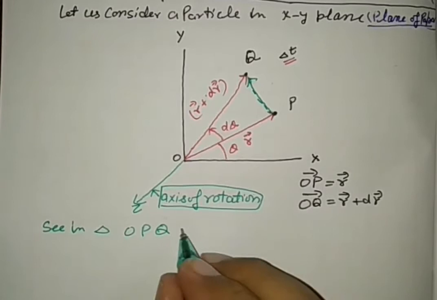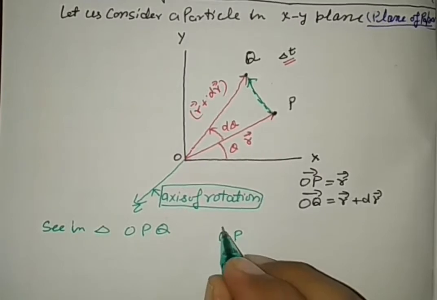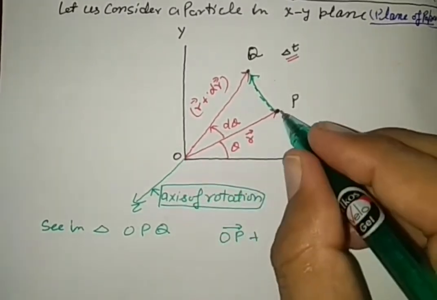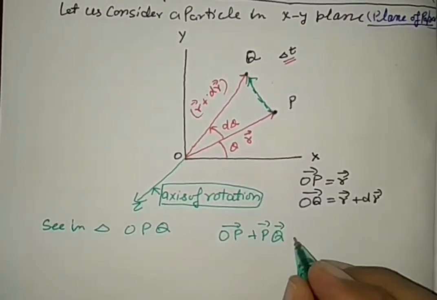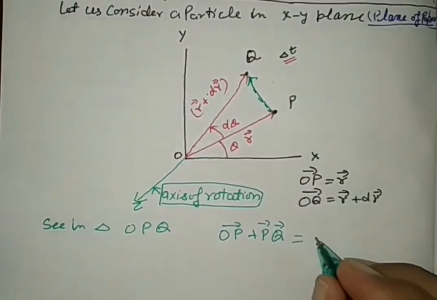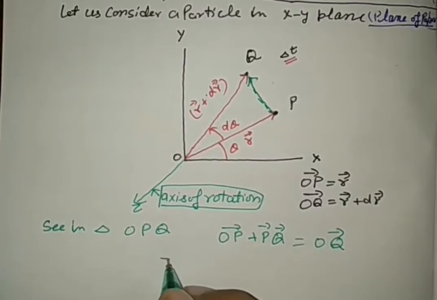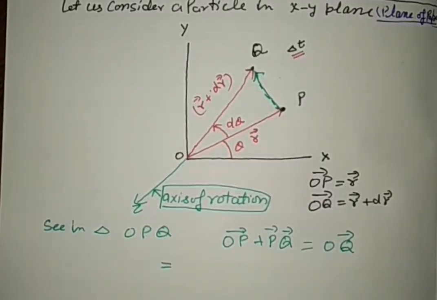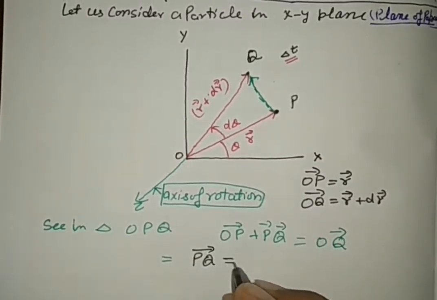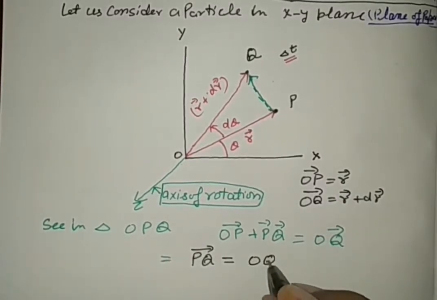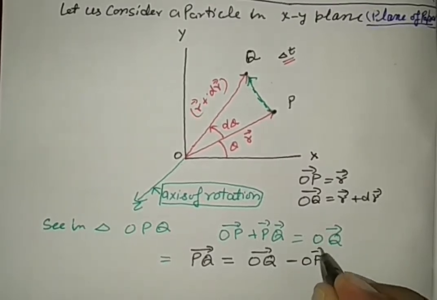From point of view of vector notation, we may write OP, see in the diagram, OP plus PQ is equal to OQ. Right? Now see very carefully, if you want to find out PQ by this concept, this is OQ vector minus OP.